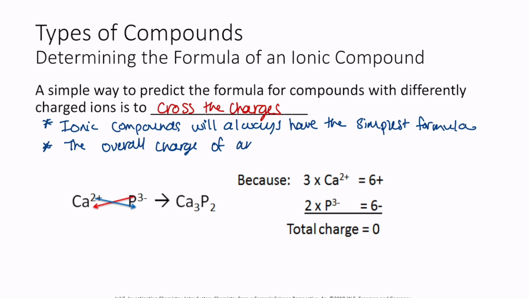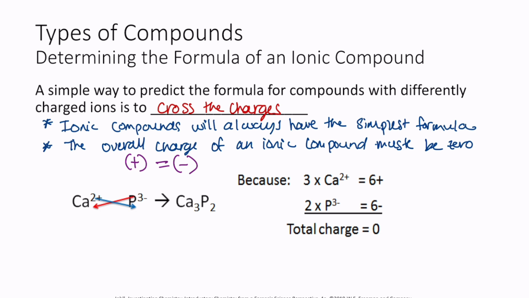What you're really doing here is the overall charge of an ionic compound must be 0. It must be charge neutral. What that means is the overall positive charges must equal the overall negative charges.